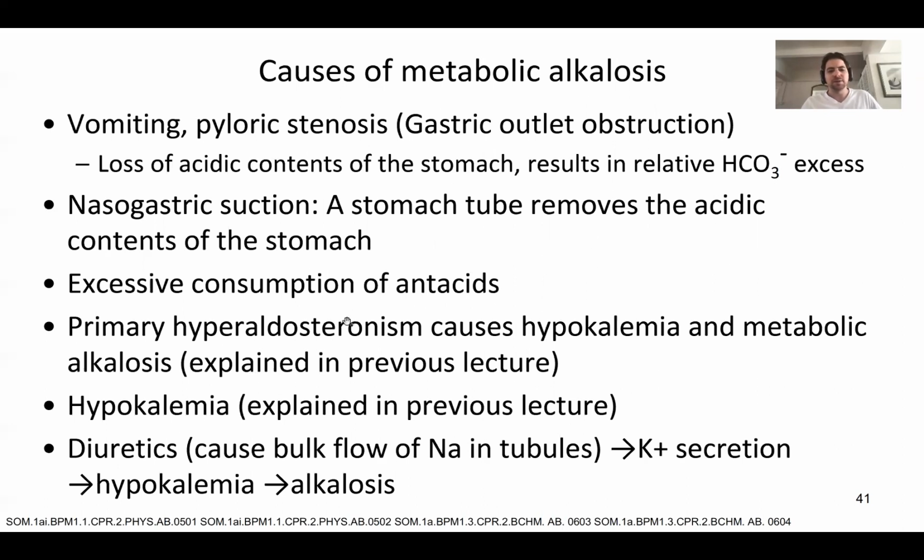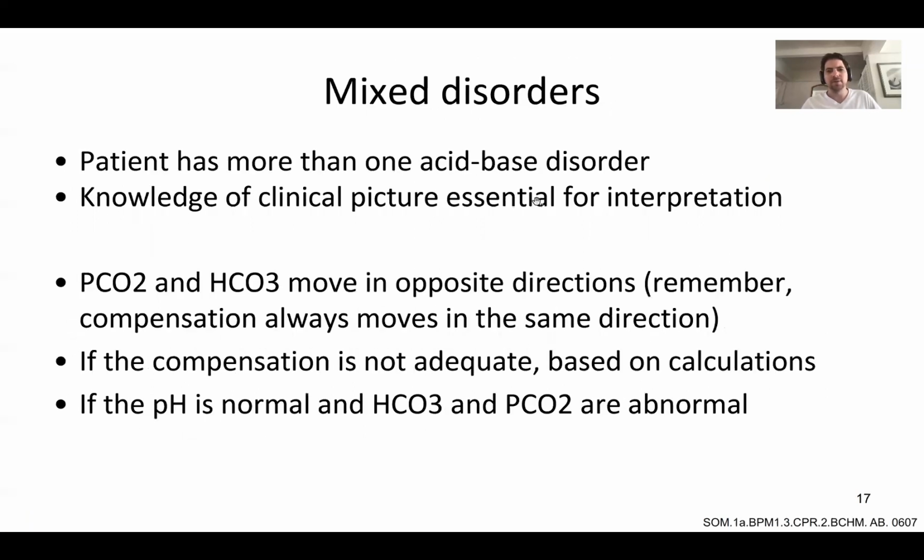And then we talked about Conn syndrome, right? And with this, we have that paradoxic aciduria. So we're getting rid of hydrogens, therefore alkalosis. Okay, diuretics, you probably don't need to really worry about that right now.